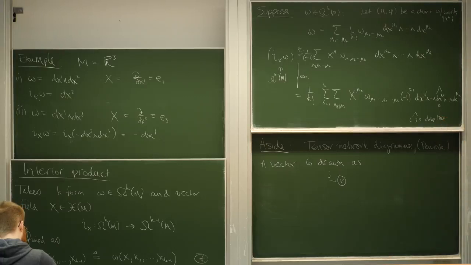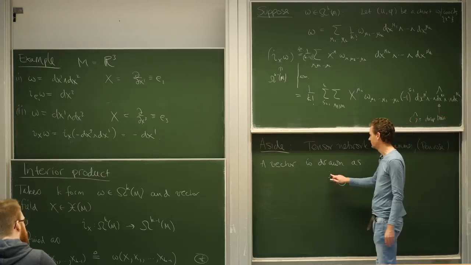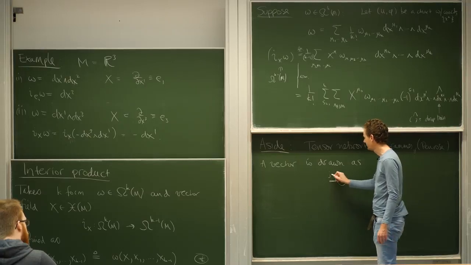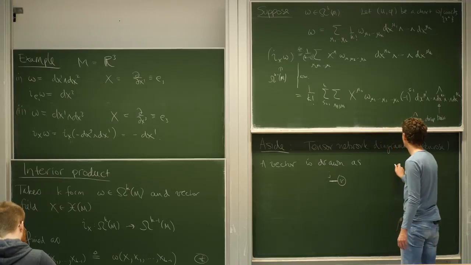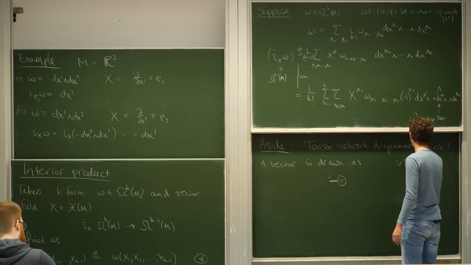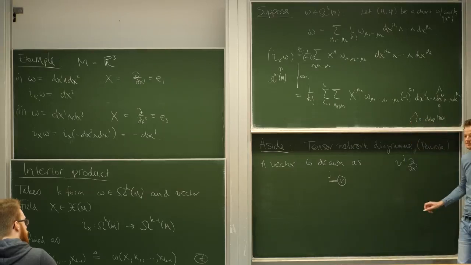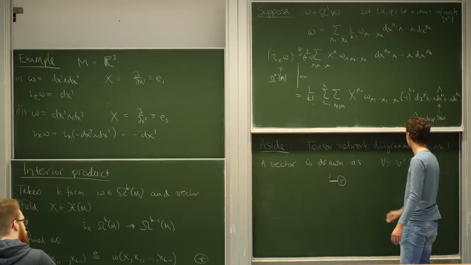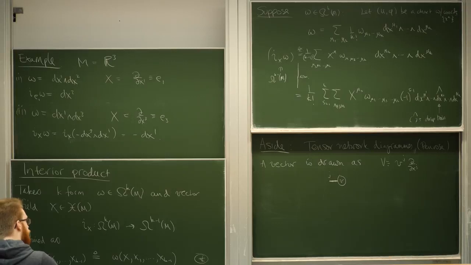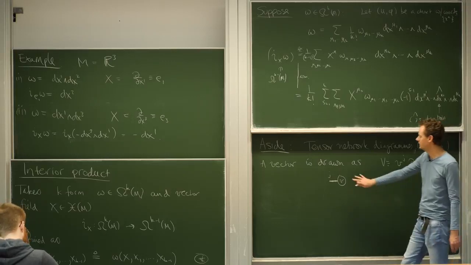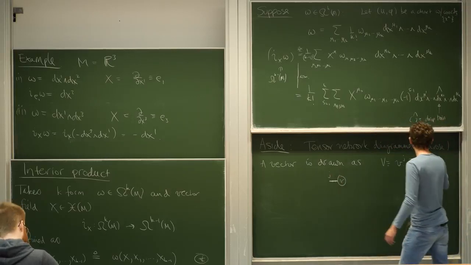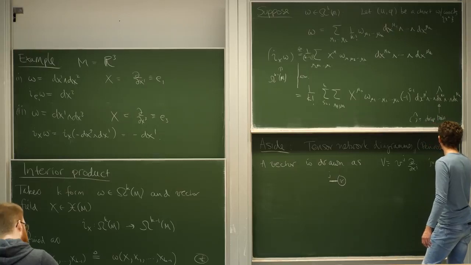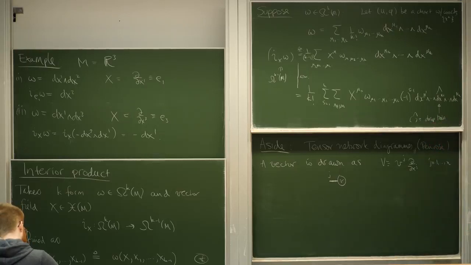So we represent vectors with balls and sticks. The ball represents the vector. There's an index associated with the leg here, j. What does this mean? Well, this is the vector v superscript j d/dxj in components. So in this diagram here, j takes the values, say, 1 to n. We're on an n-dimensional manifold.